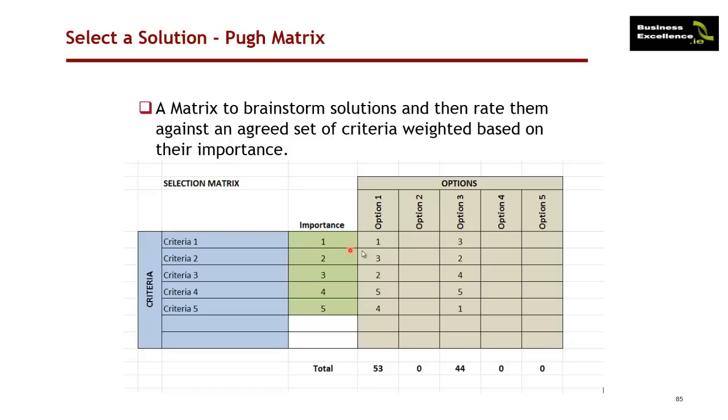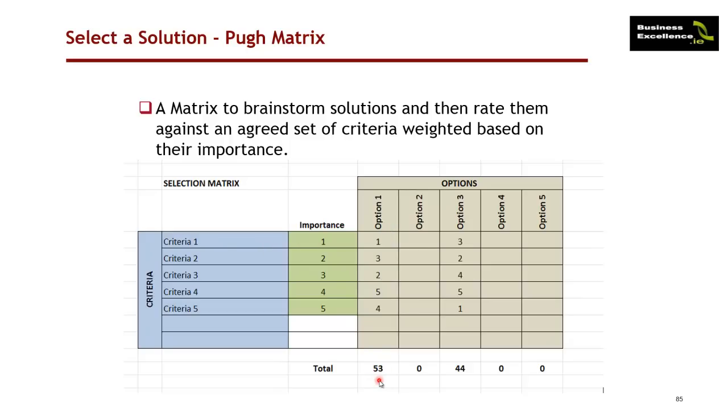Then what we do is we look at each option and we effectively rate each option based on the criteria. So if option 1 rates very poorly for criteria 1, we give it a 1 in this box here. If option 1 rates very highly for criteria 4, we give it a 5. And then what we do is we calculate an overall number based on options, based on importance, based on criteria.